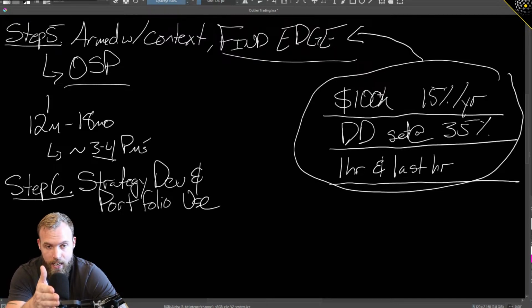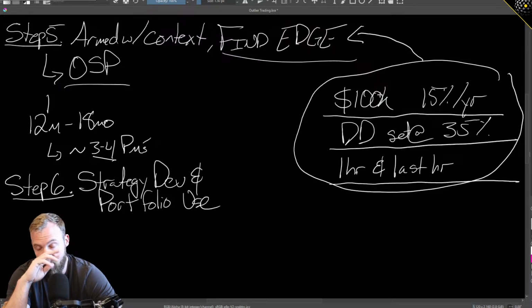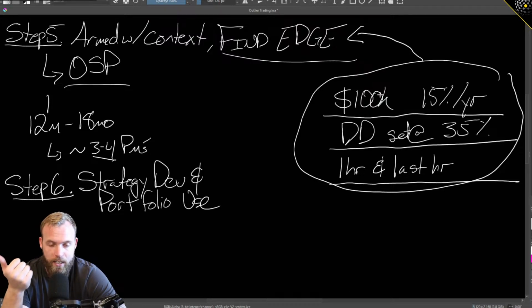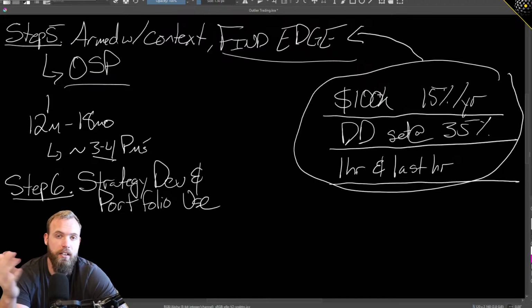This is the same. A new options trader that has less than 5 years in the market, especially in this case, less than 3 years in the market, coming in and saying, not only am I going to find an edge that I like, but I'm going to be able to find an edge that fits all of my parameters, let me go find that. It's beyond arrogant. It's beyond misguided.